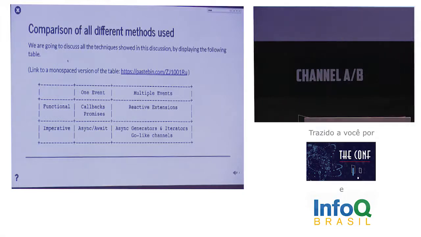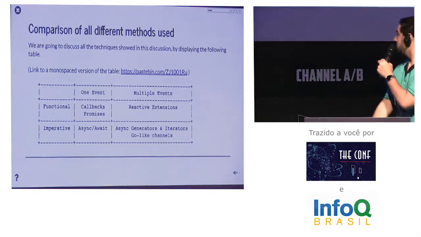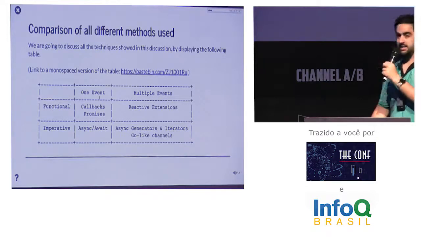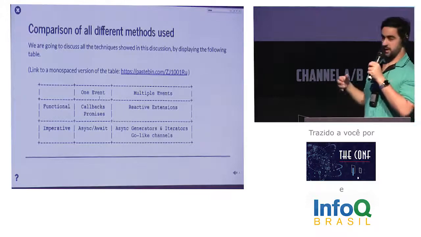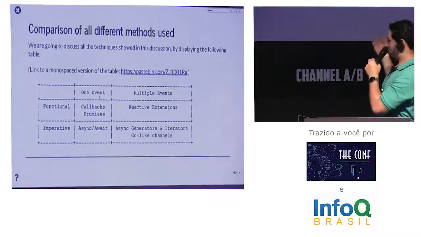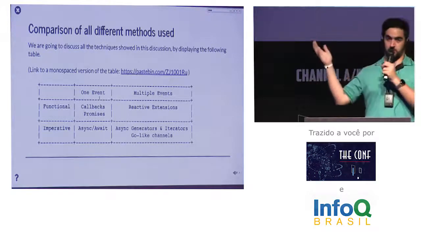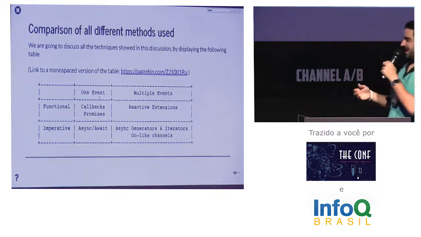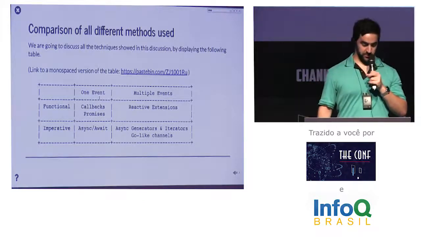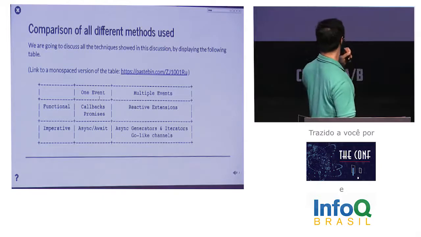Depending on your style of programming, it could be functional or imperative. And depending on your need for working with single events or maybe a stream of events, one of these four cornerstones could be the best pattern that you could use to create your asynchronous programs.